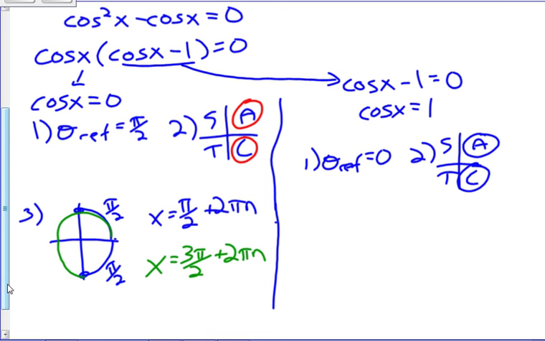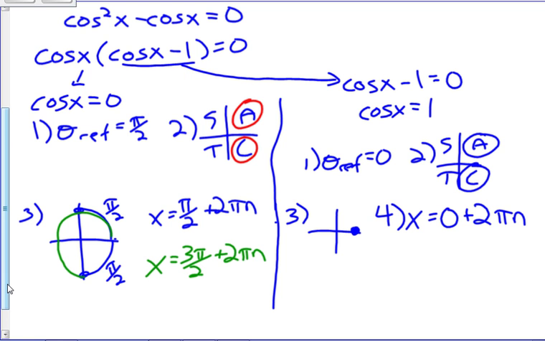Let's go and sketch it. If I'm in quadrant 1 and I make an angle of 0, there I am. If I'm in quadrant 4 and I make an angle of 0, there I am. So that means that I'm at an angle of 0. That's my one solution for this. Plus 2 pi n, so it recurs.